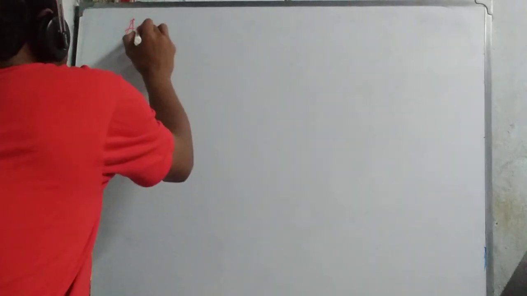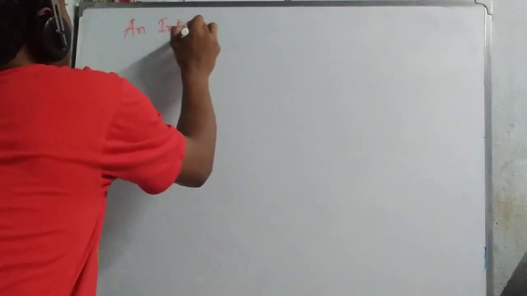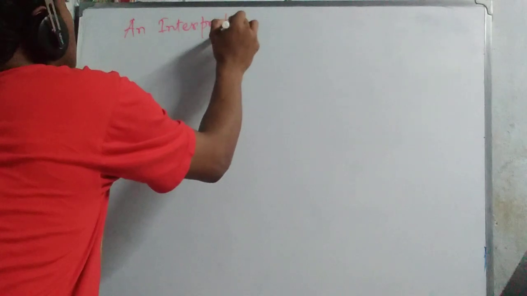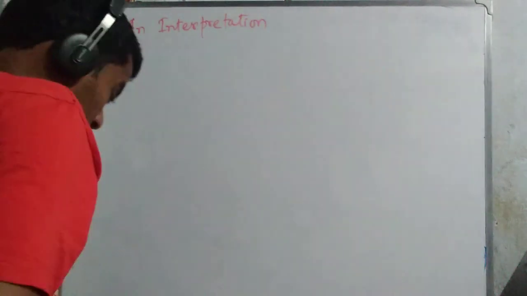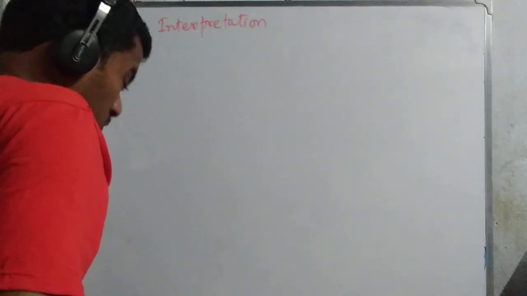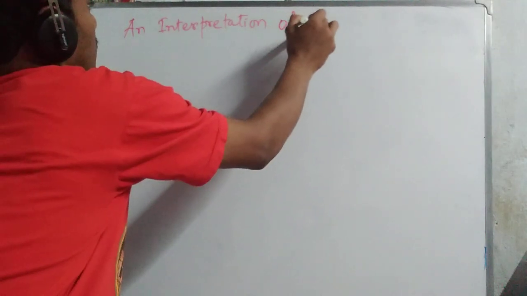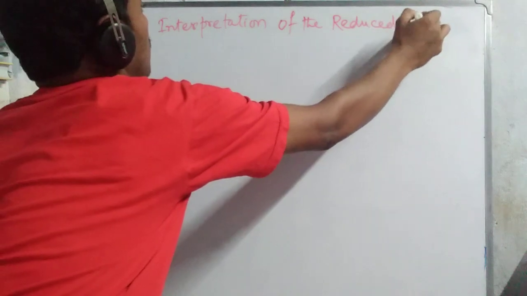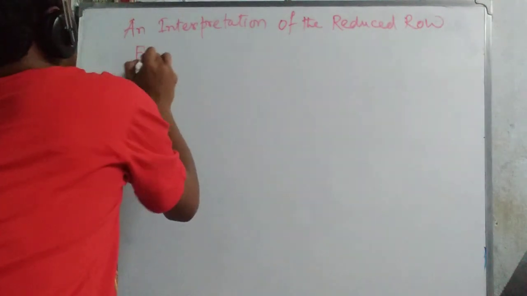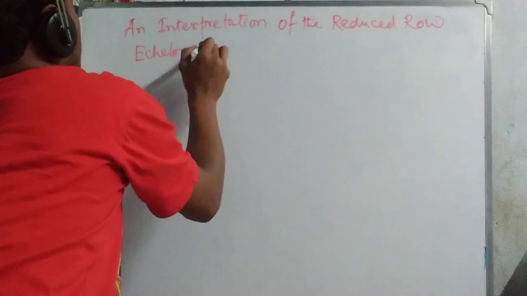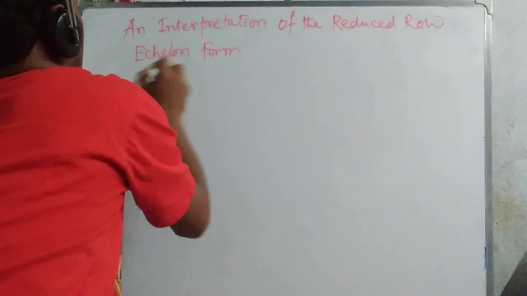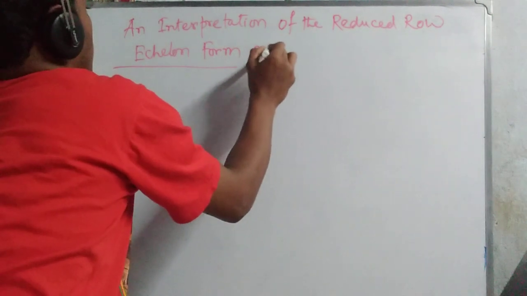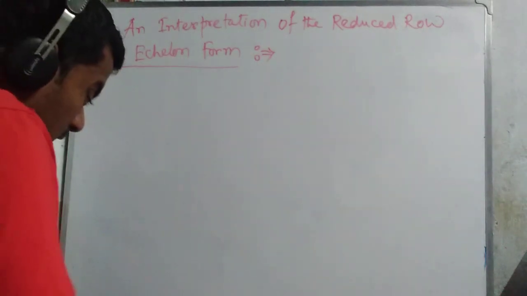We write it now here: an interpretation of the reduced row echelon form. Understood?